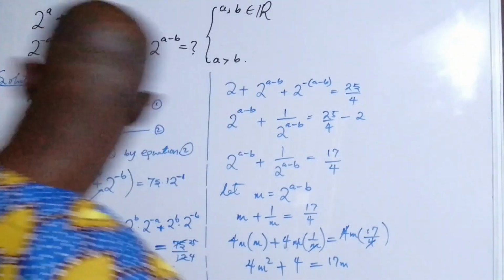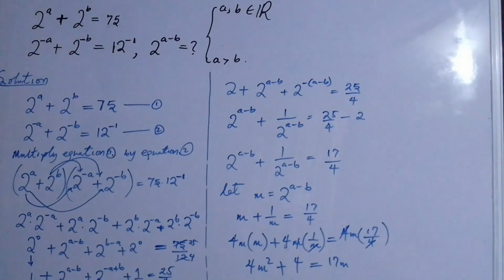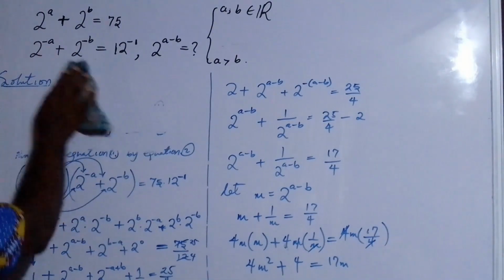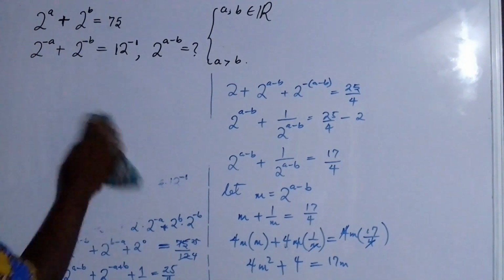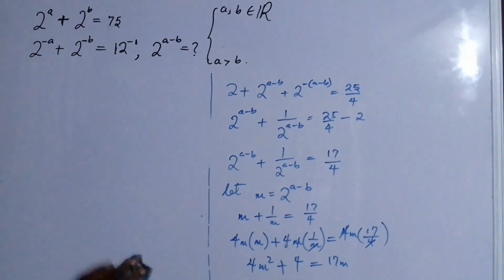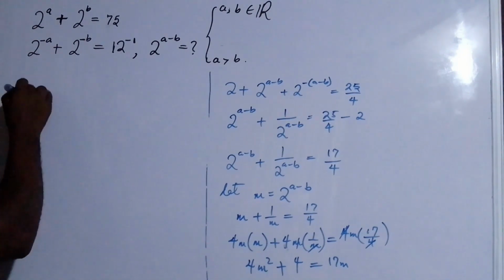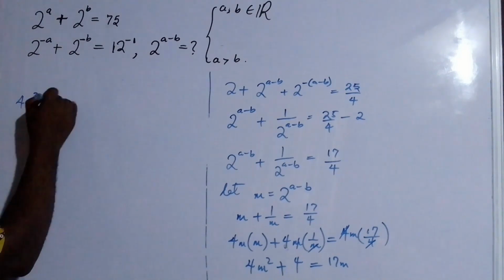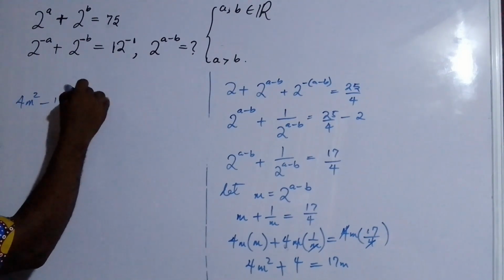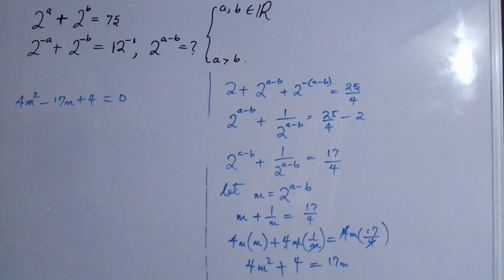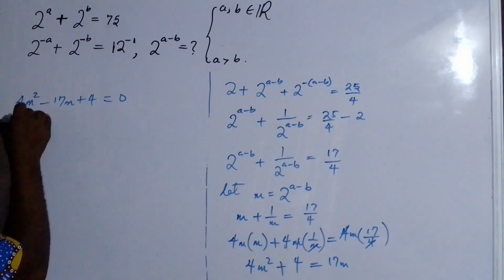From here, this becomes a standard quadratic equation: 4m squared minus 17m plus 4 equal to 0.